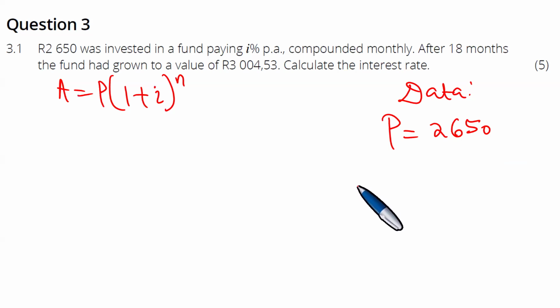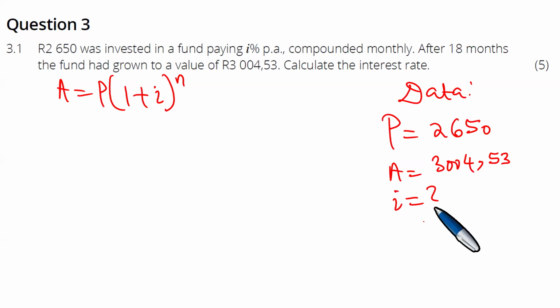After 18 months, the fund had grown to a value of A equals 3004.53. Right, we need the interest rate, so we need i, when n is 18 months.